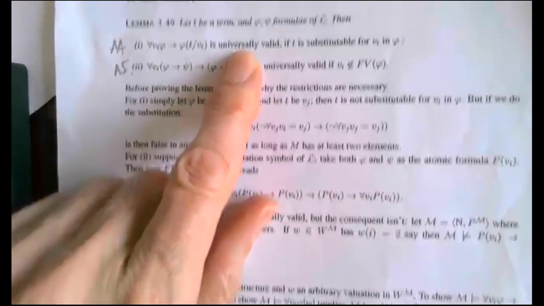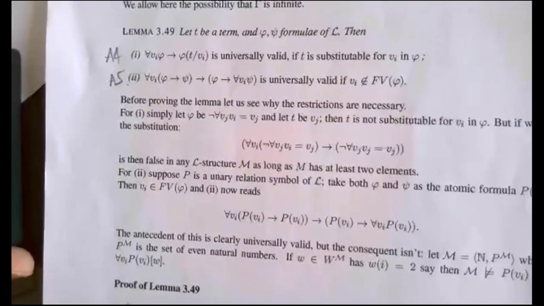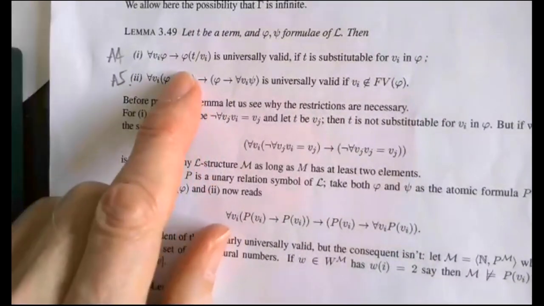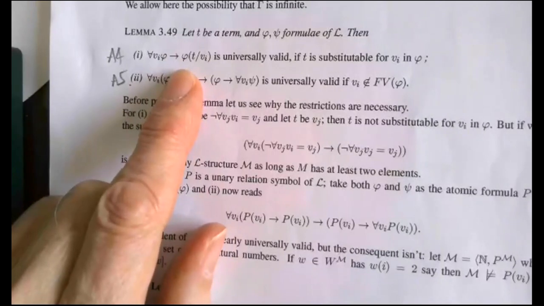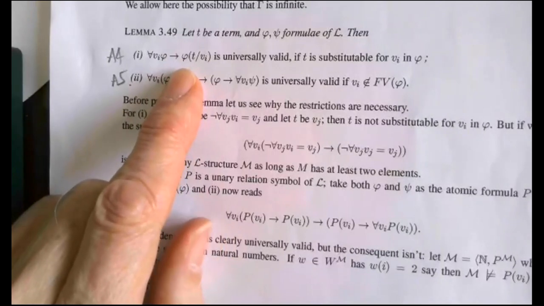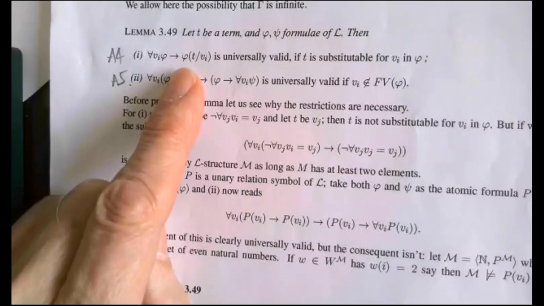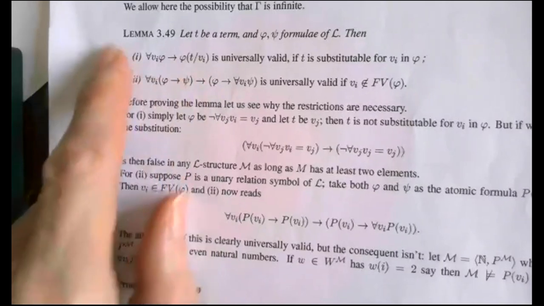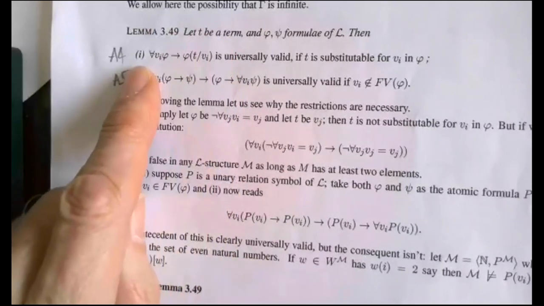What does it mean? We want this to be universally valid. This means for any structure and any assignment of variables into that structure, this must come out true under that assignment.